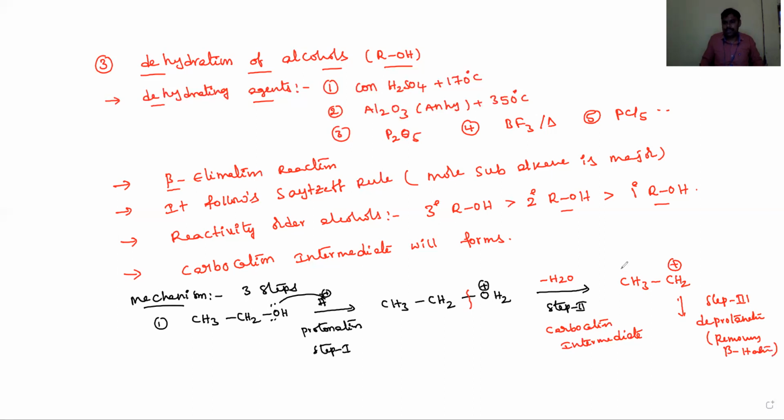If this beta hydrogen atom is lost, the alkene is produced as the product, CH2=CH2. This is the mechanism for the dehydration of alcohols, in which carbocation intermediates form. Dear students, let's see some important examples that follow Saytzeff's rule.